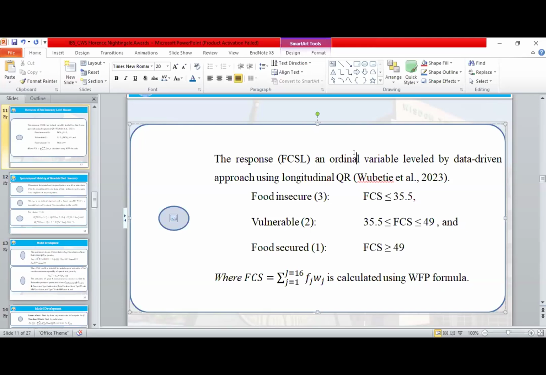This food consumption score is calculated first using the World Food Programme formula, that is the sum of the frequency, the number of days a food is eaten per week in a household, multiplied by the weight given based on the nutritional importance of the food.